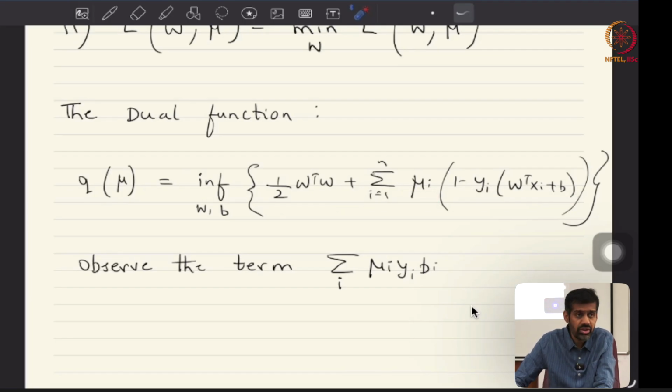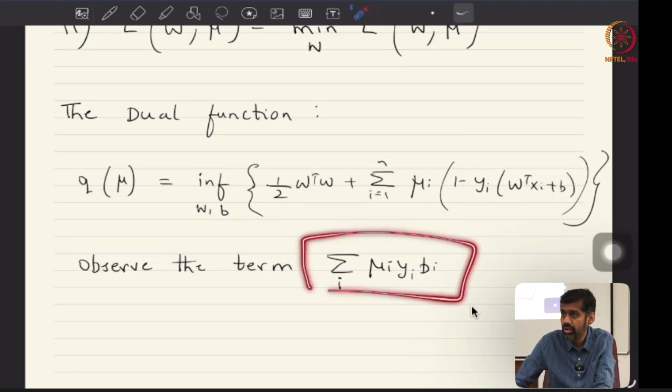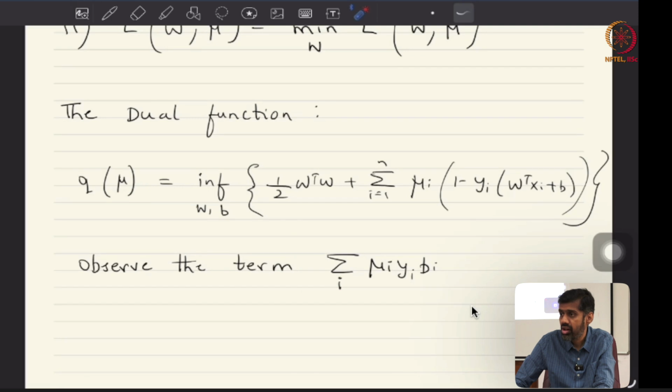Now this is a function of mu. So if we do not have any constraint on this, then this infimum is unbounded, right. What does it mean? You can choose a b and a mu such that the infimum is minus infinity, which means that this problem cannot be solved in an unconstrained way. We will have to constrain it.